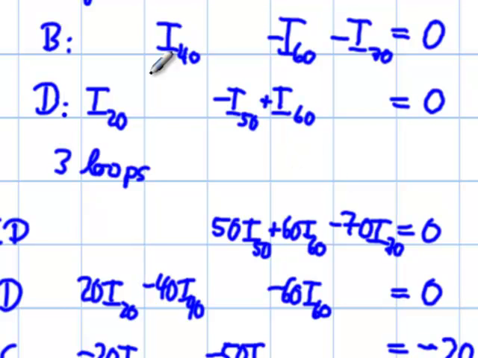So actually this one here is a positive, and this one is a negative, and then this one here, the current actually flows in that direction. That's what that negative told me.